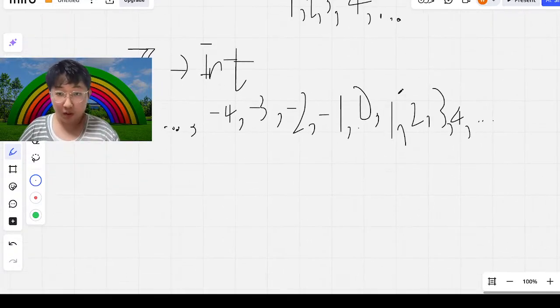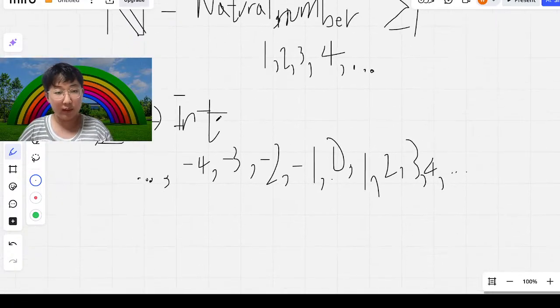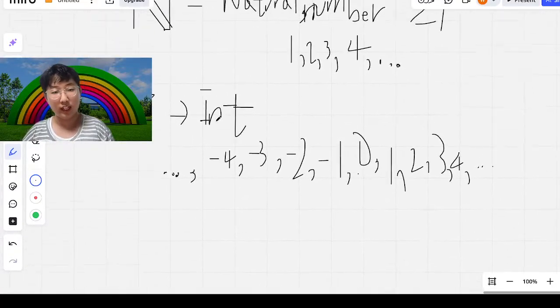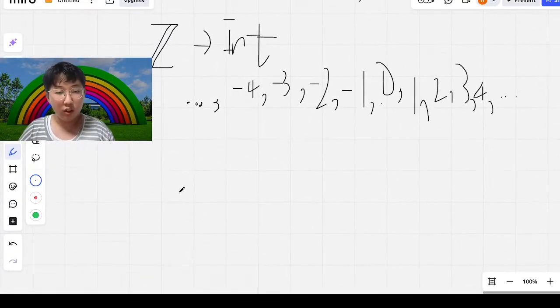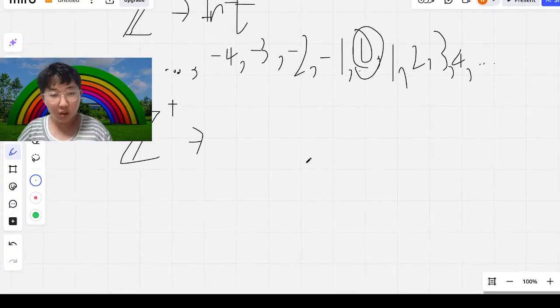And now if you are wondering how you would write natural numbers and 0 together, which is also a very crucial set, you can write either Z plus, which means that you are dealing with non-negative or positive integers, including 0.